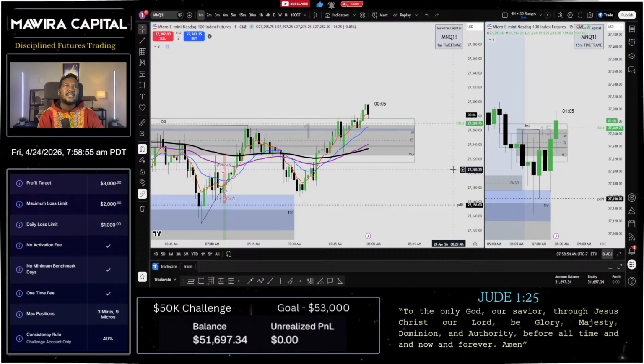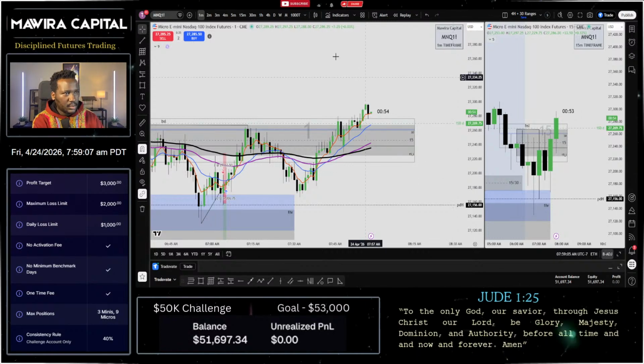So basically this strategy is pretty much trading the 15-minute time frame, but getting early entries on the 1-minute time frame. That's what it is.